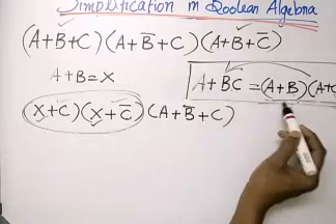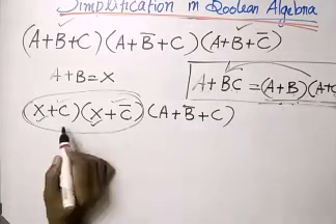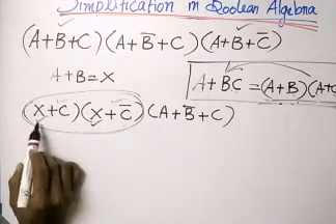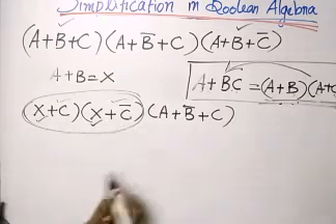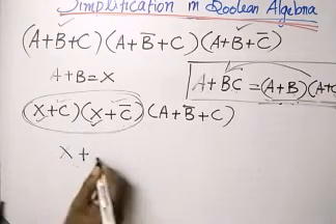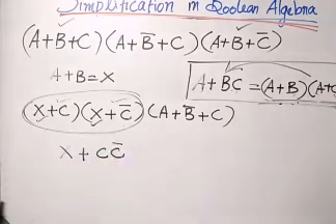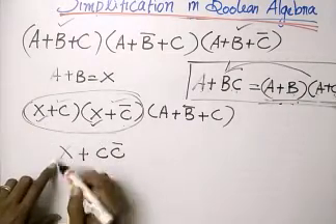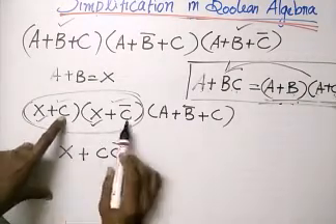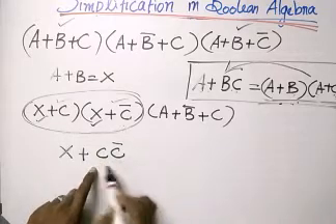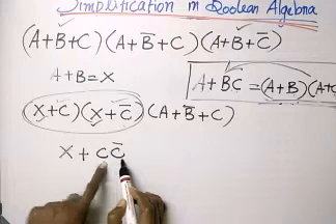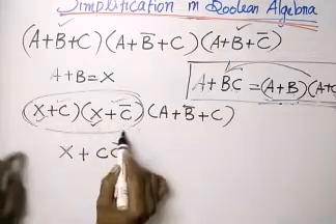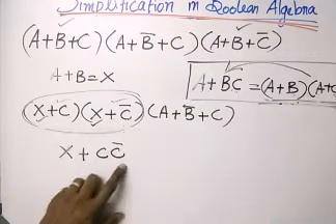As per the distributive law, X or C into X or C bar can be written as X or C C bar, the common term plus the product of different terms. Then this can be reduced to X or C C bar.